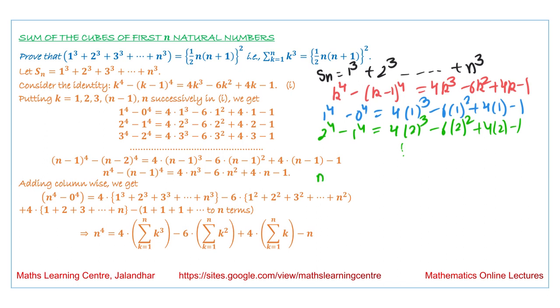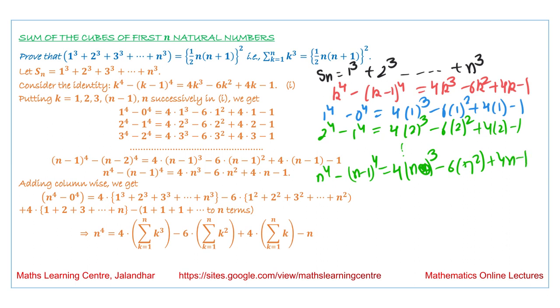Continuing in this way, we write n raised to the power 4 minus (n minus 1) raised to the power 4 is equal to 4 into n cube, then minus 6 into n square, then plus 4n minus 1.